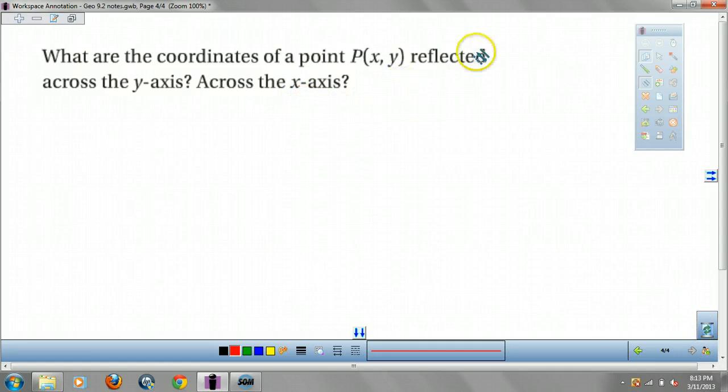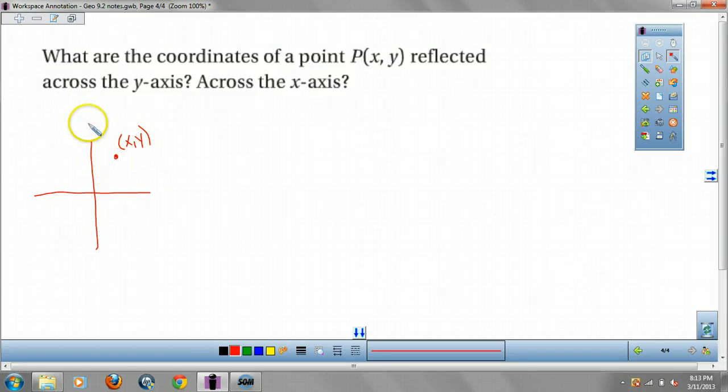Suppose we have a point x, y. I'm just going to make one up. And we're going to reflect it over our y-axis. What are my new coordinates going to be? Well, how far away are you going to be from that y-axis? Well, x. So that means you have to go x over here.